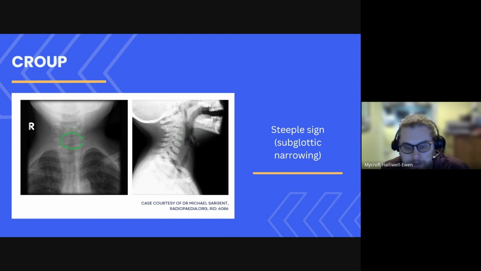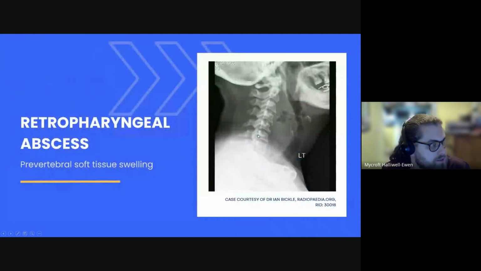Again, it's interesting to see on X-rays, but I wouldn't be using it to diagnose or exclude croup. If you see it, that's useful, but mostly I would be using it to exclude a foreign object as the cause.